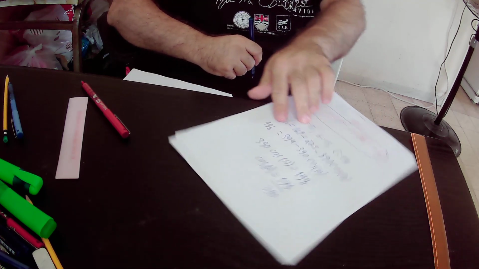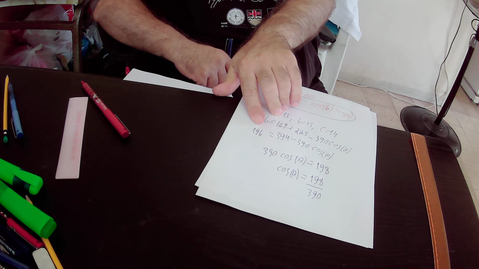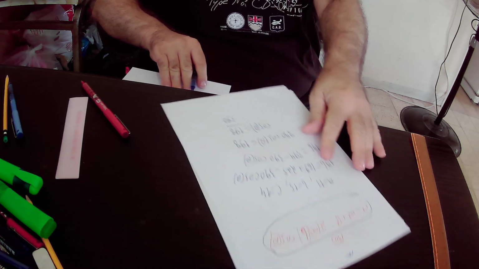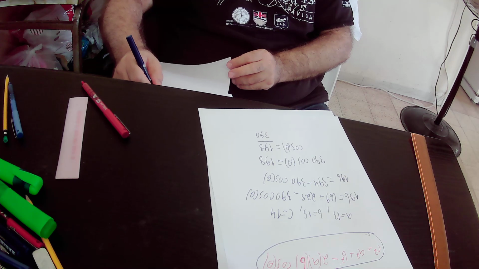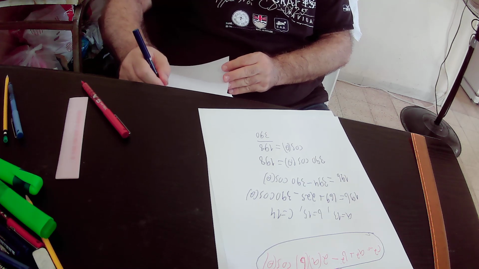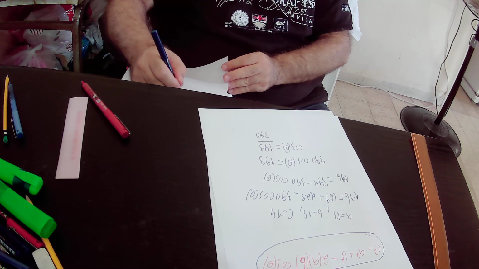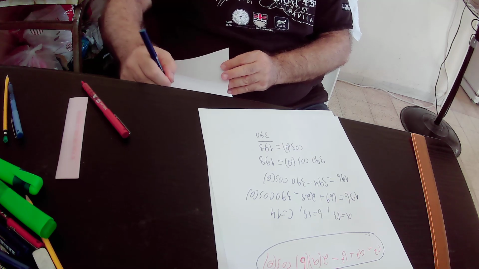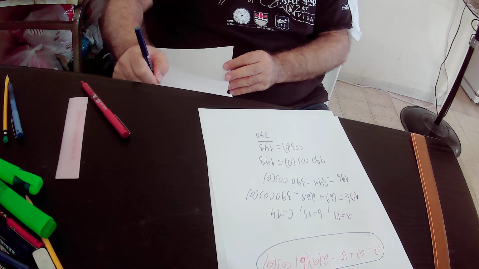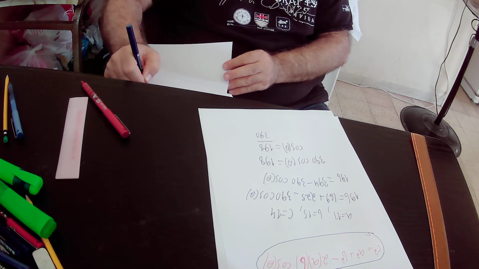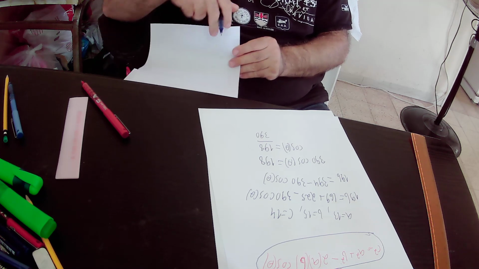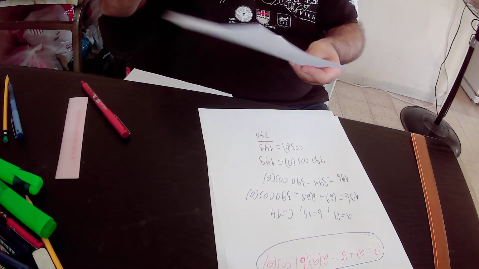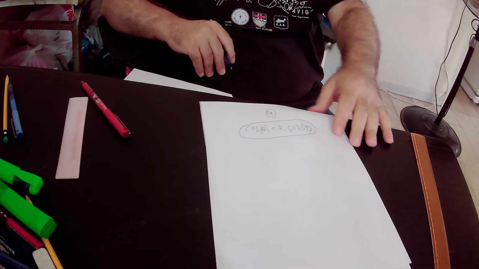Okay, cosine theta equals 198 over 390, and actually cosine theta equals 0.507692. So we found out the value of cosine theta.